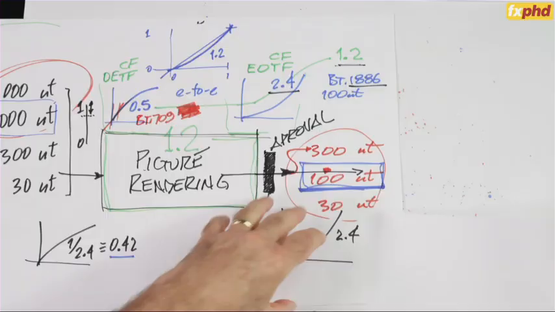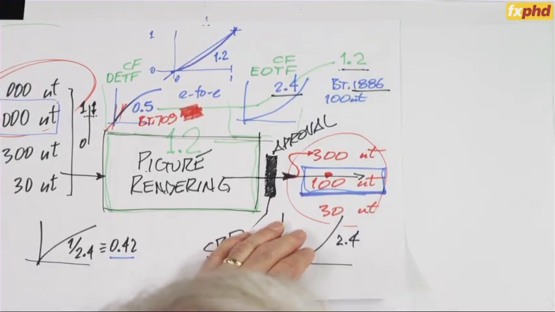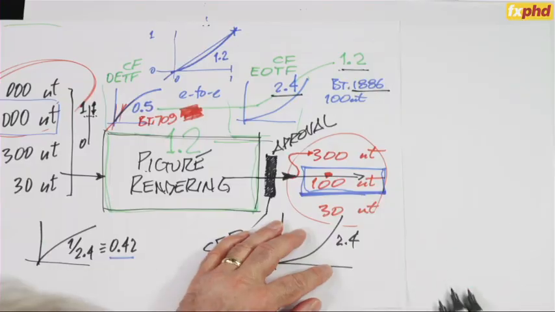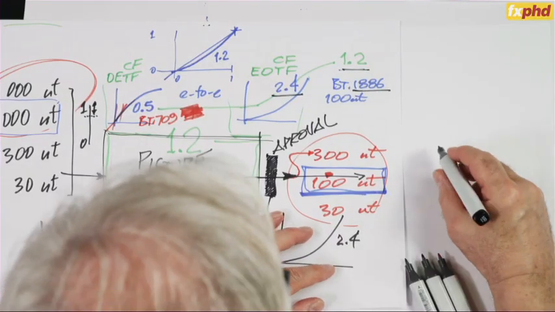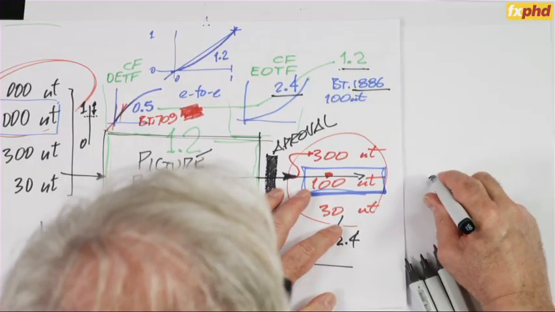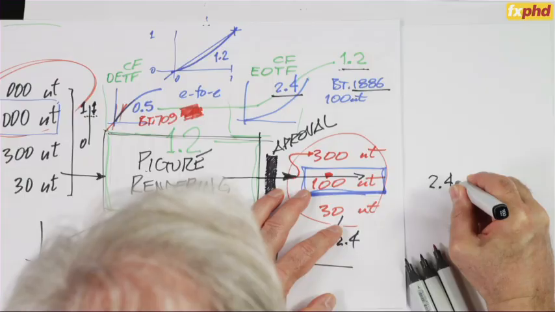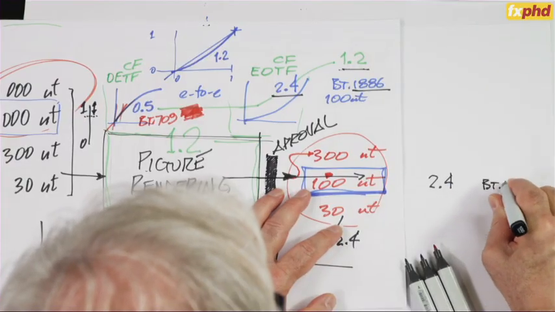And you've heard this story before, but let me leave you by ending today's class with this idea that at 100 nits we standardize 2.4 gamma. That's BT1886.